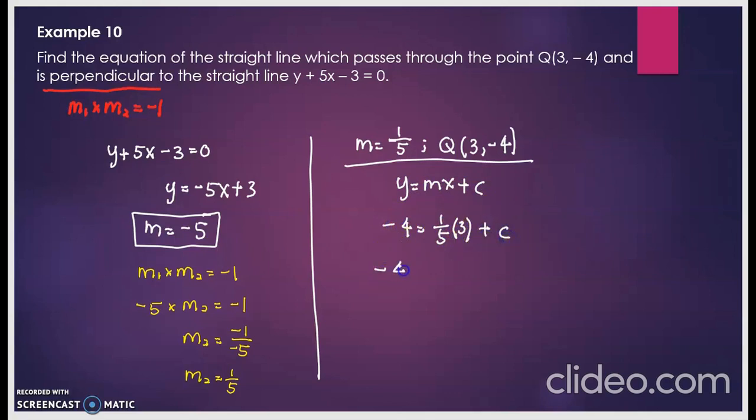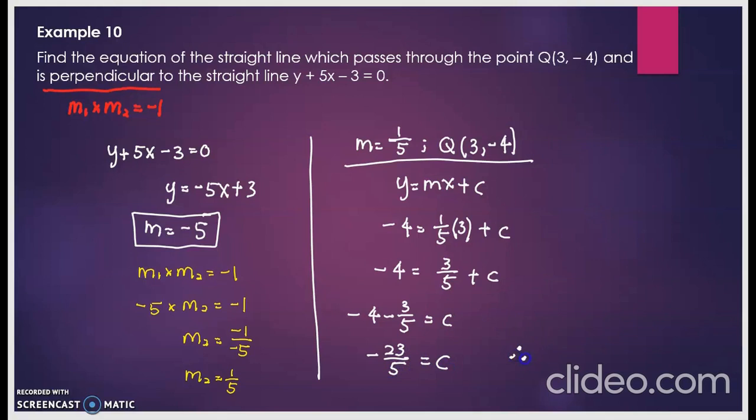So negative 4 is equal to 3 over 5 plus c. Negative 4 minus 3 over 5 is equal to c, so c will be equal to negative 23 over 5.